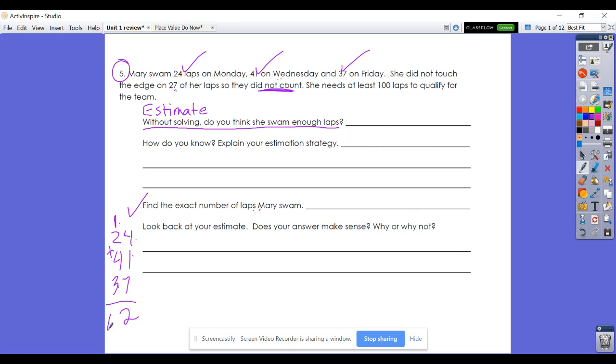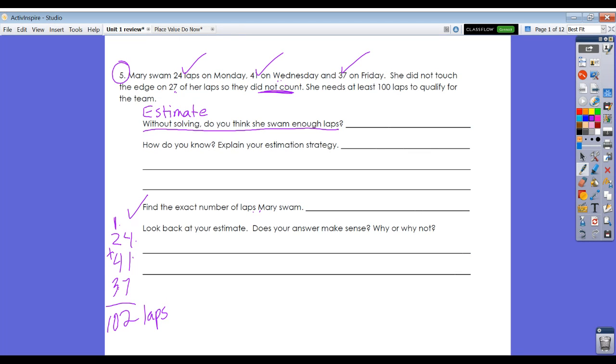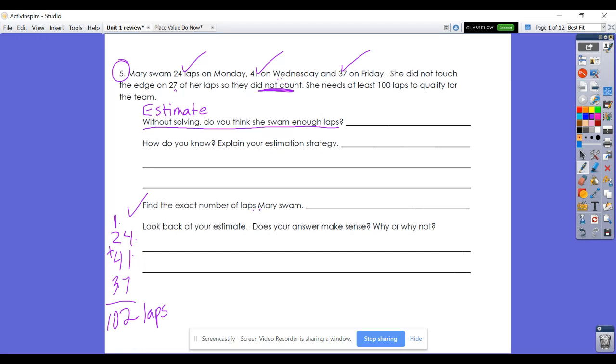So we got 102 cookies? Laps. Thank you, Lauren. Those are our units. Always remember our units. But then Quinn said we're not done yet because she had 27 that didn't count. So now step 2, we're going to take away that 27.